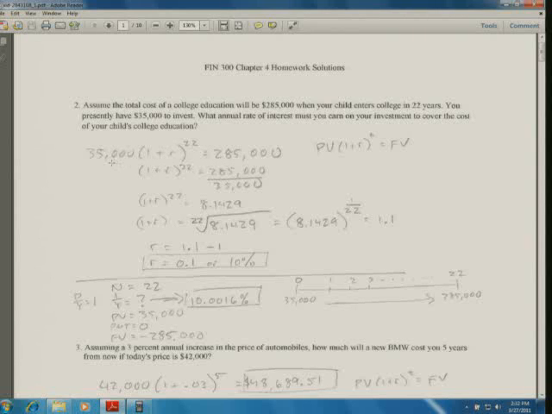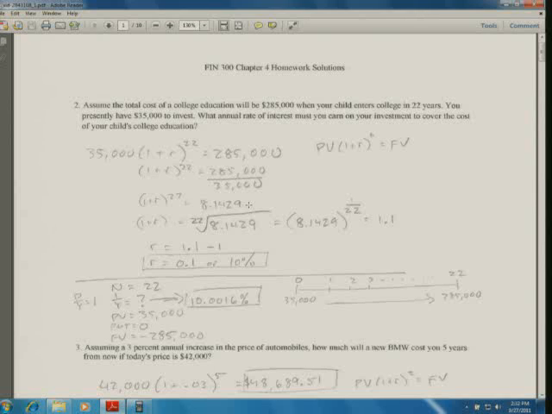So let's jump in. We've got to try and isolate this R. So I'm going to divide 35,000 over to the other side. So we've got (1 plus R) to the 22nd equals 285,000 divided by 35,000. And I went ahead and did that division, and that's 8.1429. Now, a word of caution right here. I wrote that down so you can see what I was doing, and it'd make it a little bit easier.